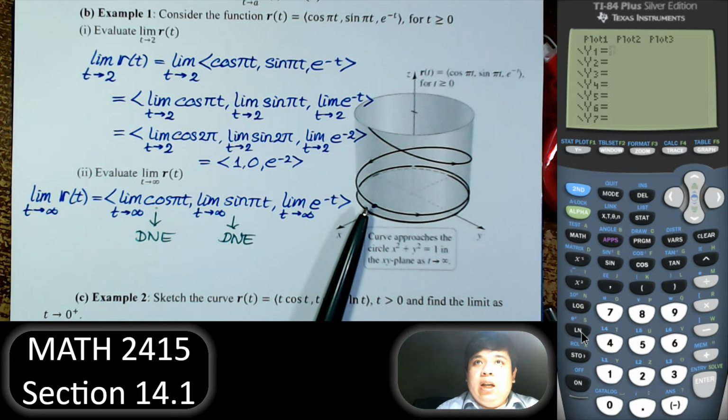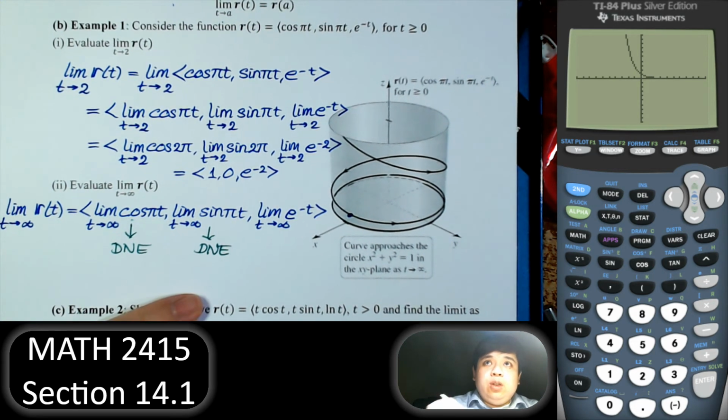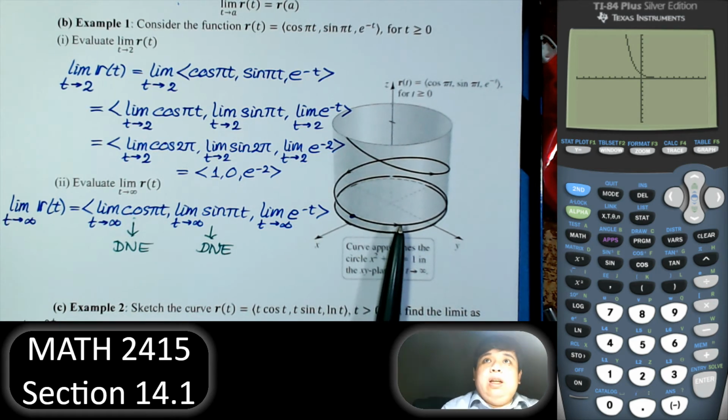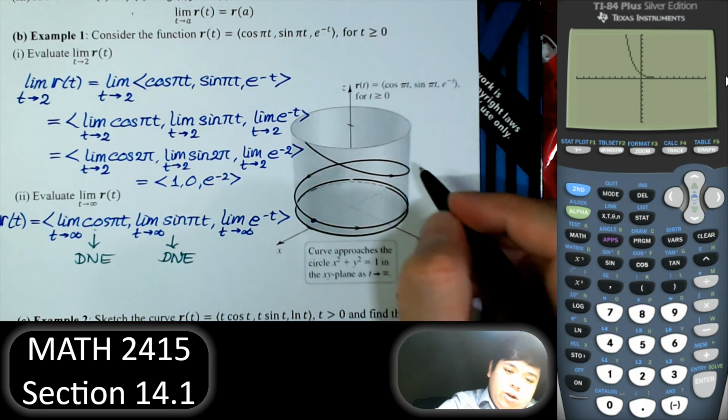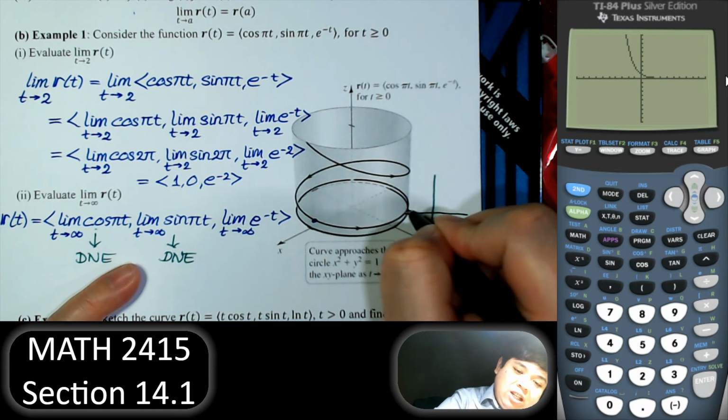We have e to negative x. Let's just graph that. So it's like that. As t goes to infinity, if this function continues, it will go to 0. I usually prefer to use e to the x instead.